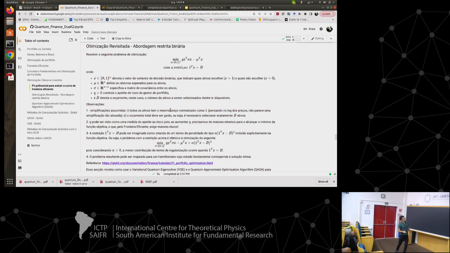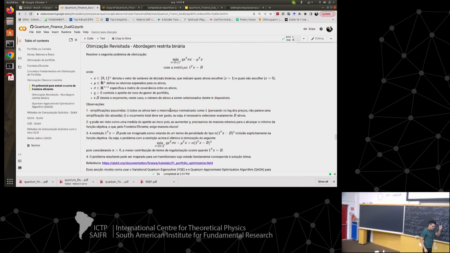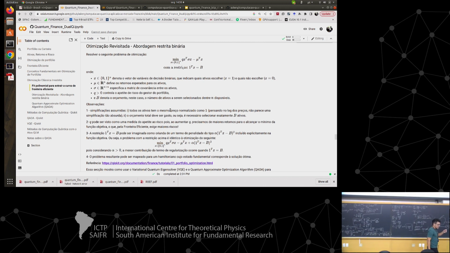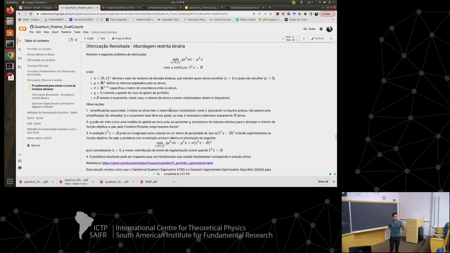So to do this, you can include a term like this. What you are saying here is that you square it so that it's positive, and you say that if the number of stocks is different from 2, penalize. The only case that is not penalized is n equal 2.